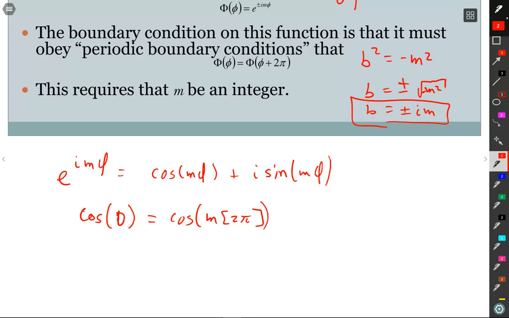And likewise for the sines, I'm just only doing one of them. And how is that true? Well, this would be true, of course, if m is equal to 1, or if m is equal to 2, or if m is equal to 3, etc. So we have m must be an integer.